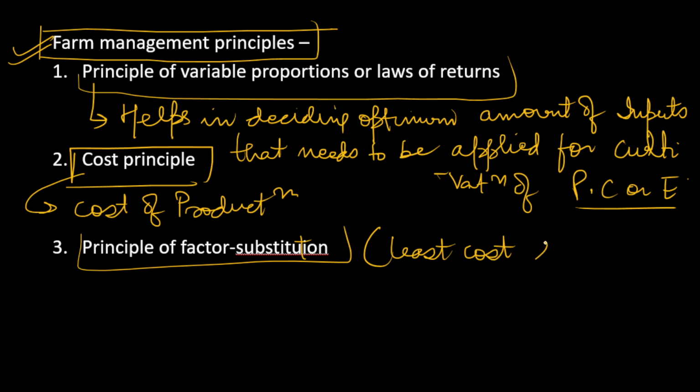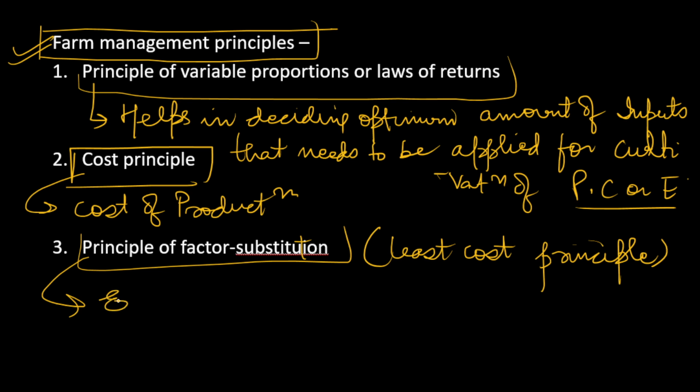That is, we have to go for the substitute which will give us the same quality, but the cost is less. For example, it helps to use substitutes in agriculture.